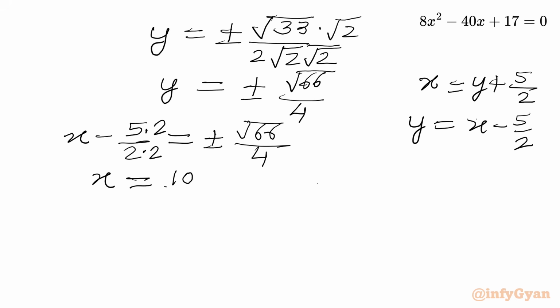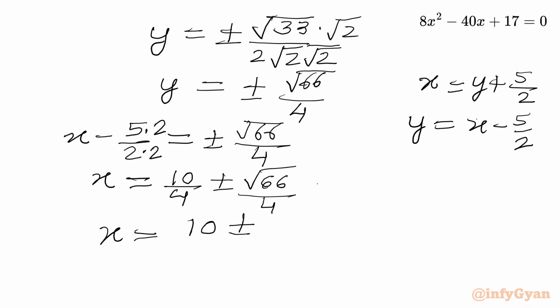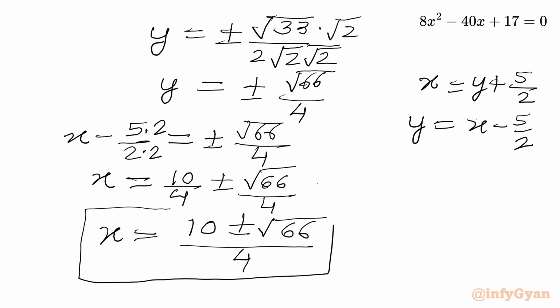We can write 10 over 4 plus minus square root 66 over 4, which will give us two roots of the quadratic equation, which are irrational: 10 plus minus square root 66 over 4, by the method of Tschirnhaus transformation.